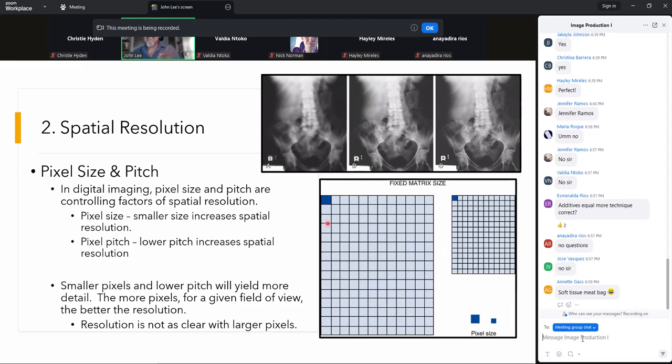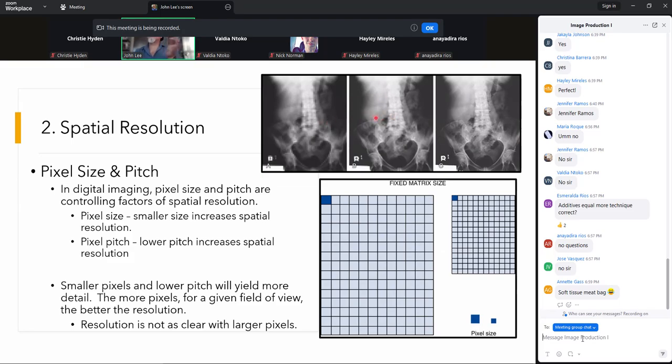Okay, so pixel size, the smaller we make our pixels for a specific field of view or image matrix, the more detail we're going to have, the better our spatial resolution is, as you see in A, B, and C. B is significantly better than A, but C is even better than B. That's because the pixel size is getting smaller, which means the matrix for each one of these images is increasing.